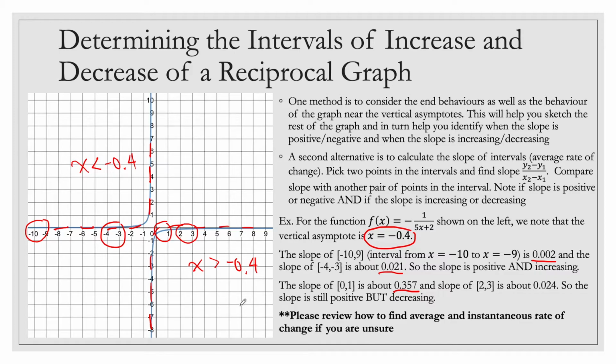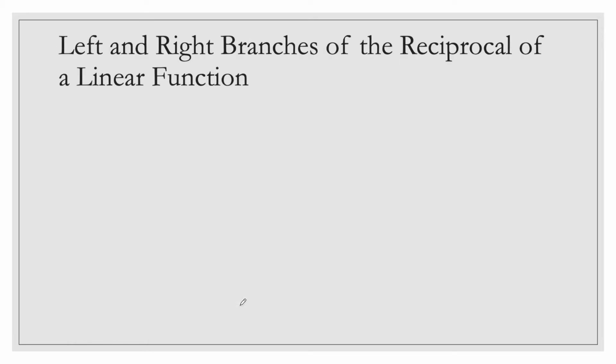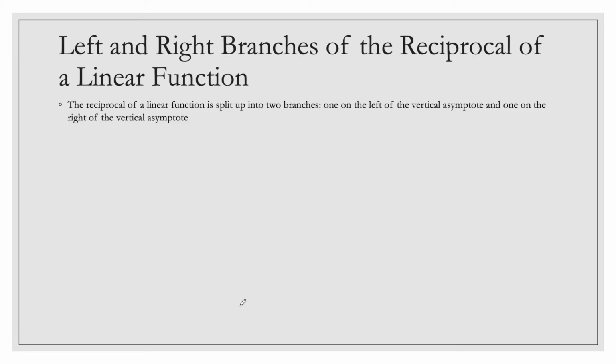When analyzing the reciprocal of linear functions, we normally talk about two different branches, the left and right branch. The left and right branch essentially just refer to one half of the reciprocal function that is to the left of the vertical asymptote and the other half that is to the right of the vertical asymptote. There are general properties that the reciprocal of linear functions have.